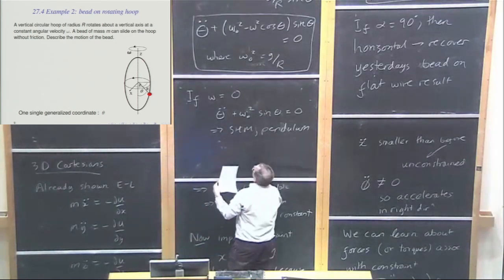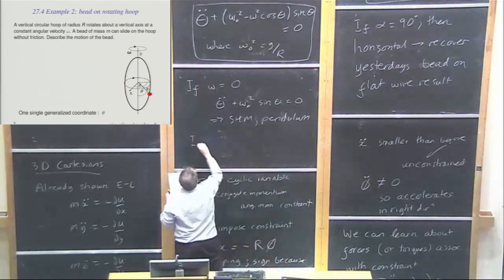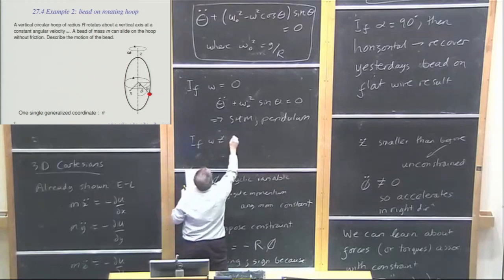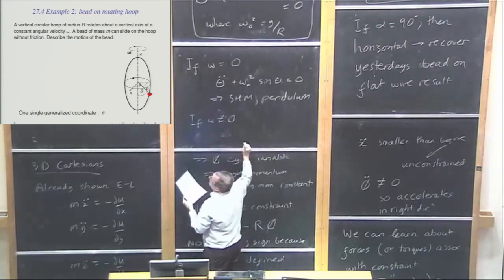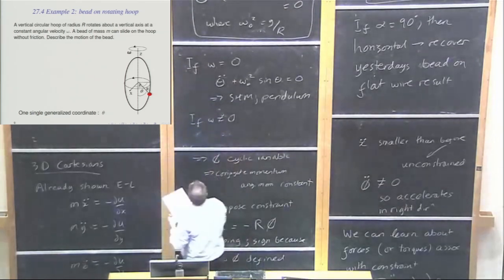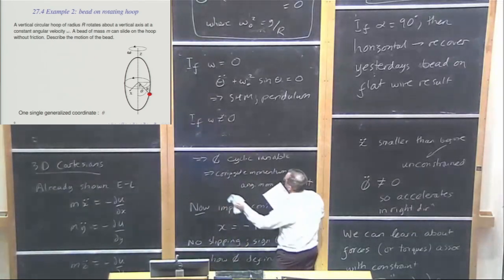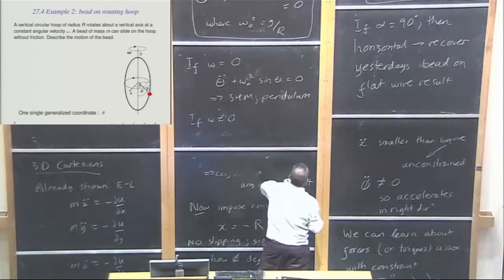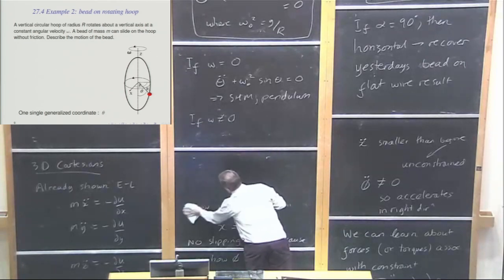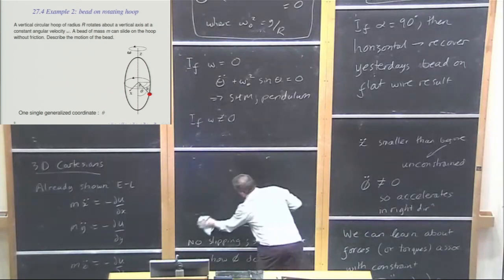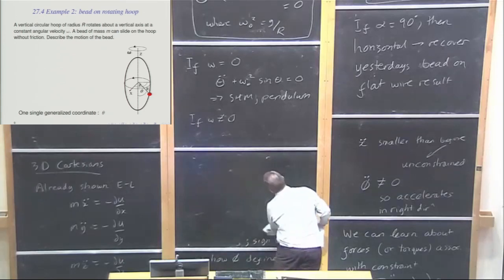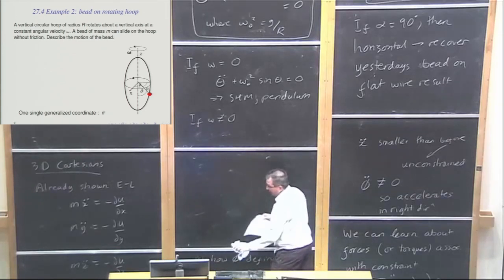So if omega doesn't equal 0, let's not consider the completely general case, but let's note some solutions where it is in equilibrium. That's when theta double dot is equal to 0.